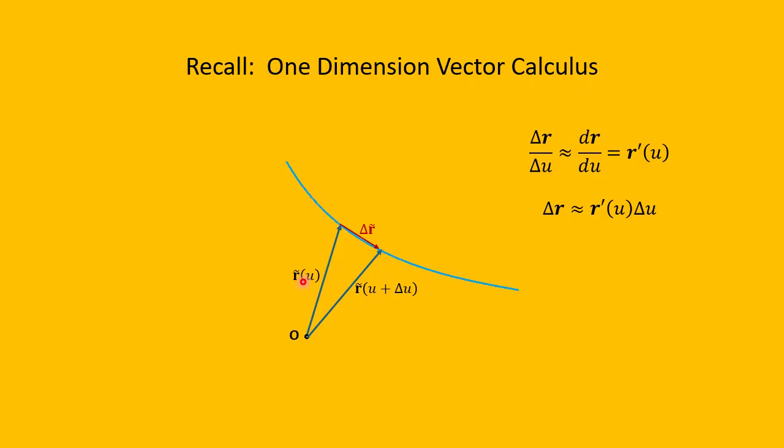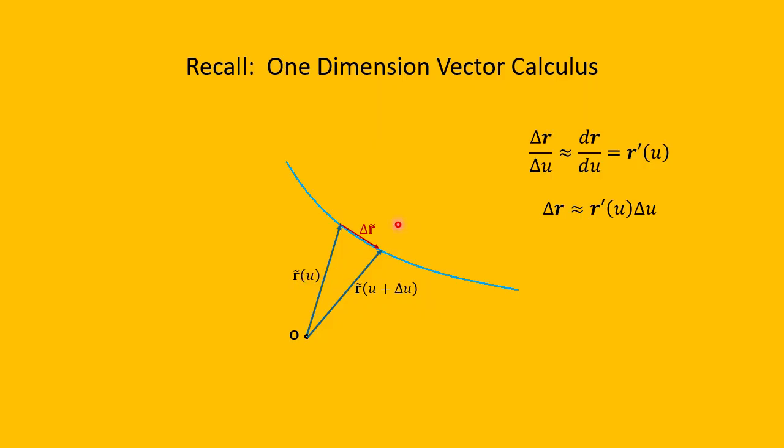So r of u, let's assume, is the vector coming up to here from the origin, and if we increase the u value by delta u, then r of u plus delta u is the vector coming up like this. Let's let delta r be this vector shown in red here. And basically this delta r is just r of u plus delta u minus r of u.